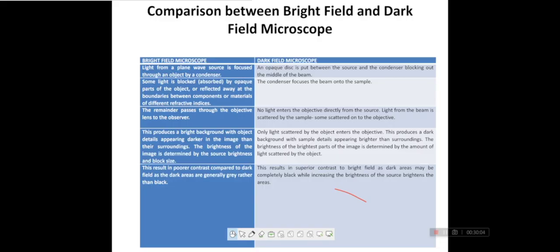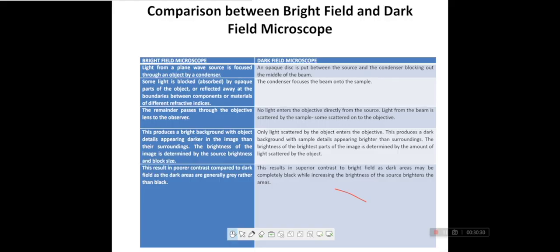This procedure gives a bright background with object details appearing darker than their surroundings. The brightness of the image is determined by the source brightness and block size. This results in poorer contrast compared to dark field, as the dark areas are generally grey rather than black.